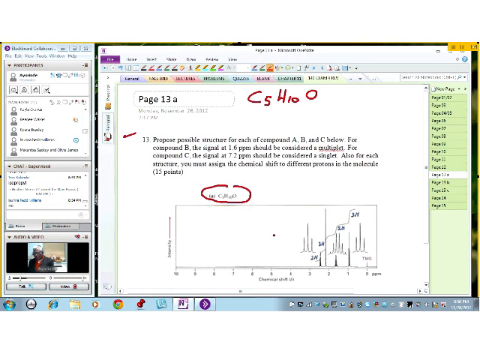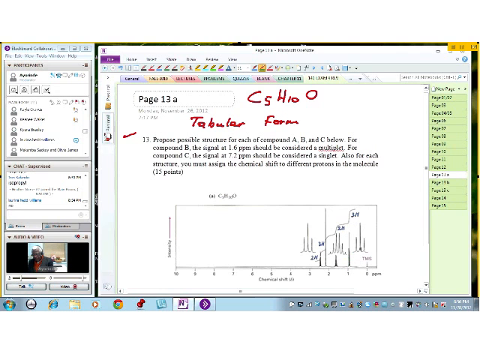Whenever you have a spectrum given to you, what you want to do is to convert the data from the spectrum to a tabular form. Okay, let us do that, because once you do that, you see things a little clearer.